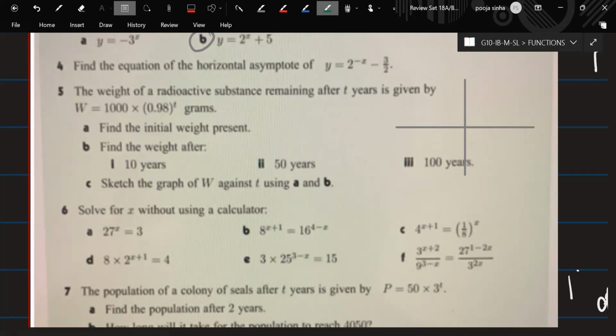But right now, tell me the shape. It will be going down. It is a decay. Yeah, it's a decay. Can you annotate on my screen and tell me how it is going?